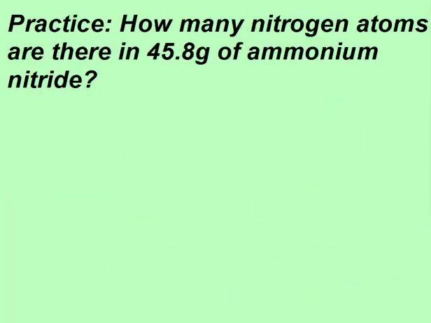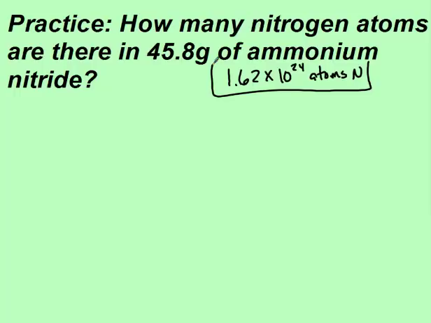Go ahead and pause the video and try this one on your own. It's similar to the last one. So you should have gotten 1.62 times 10 to the 24th atoms of nitrogen.